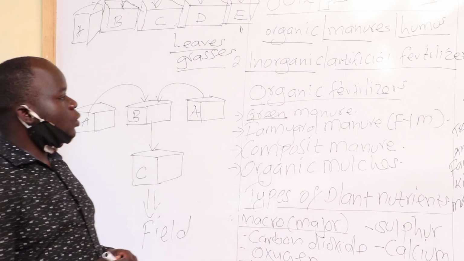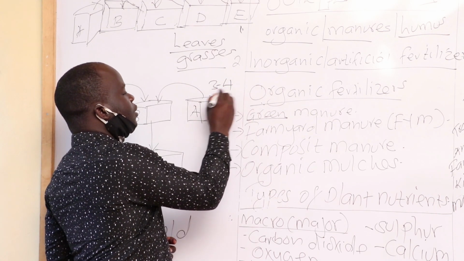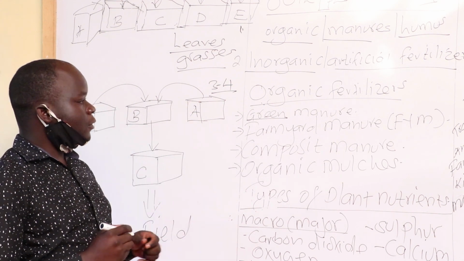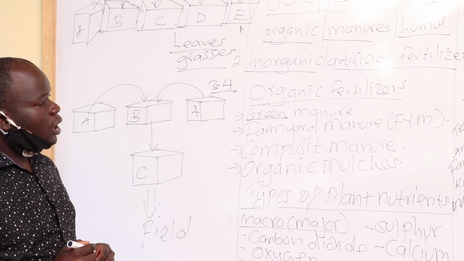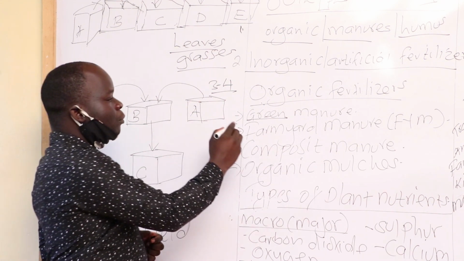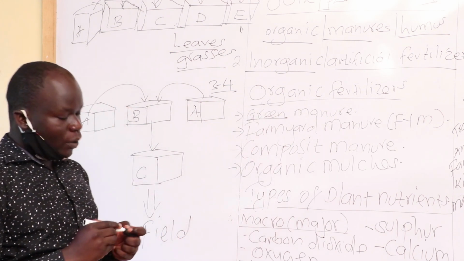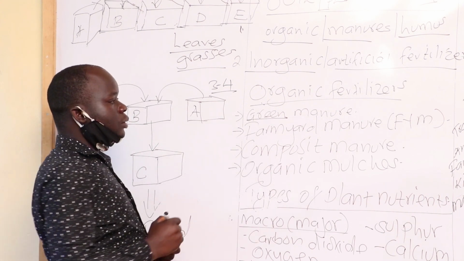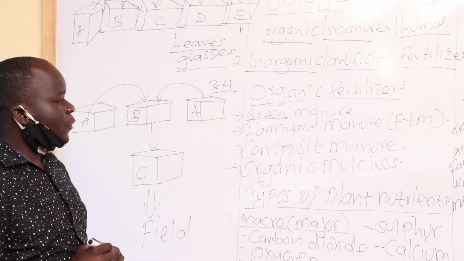And then thereafter, you wait for 3 to 4 weeks for the decomposition process to happen. And then in the process, you'll have made what you call green manure. It's very simple, though it's a type of manure that takes long to rot and release nutrients to the soil.